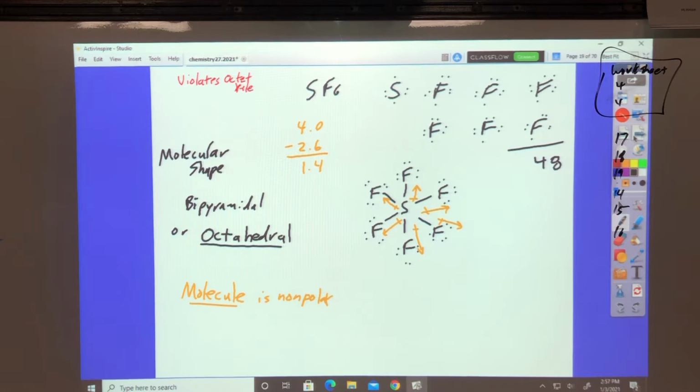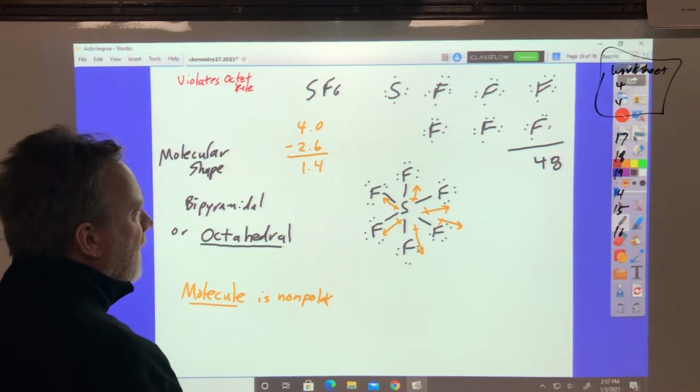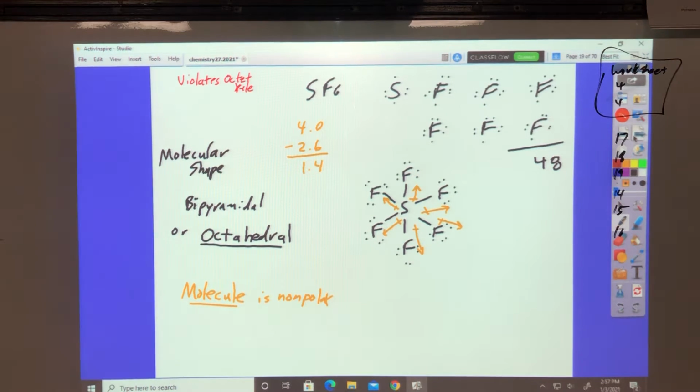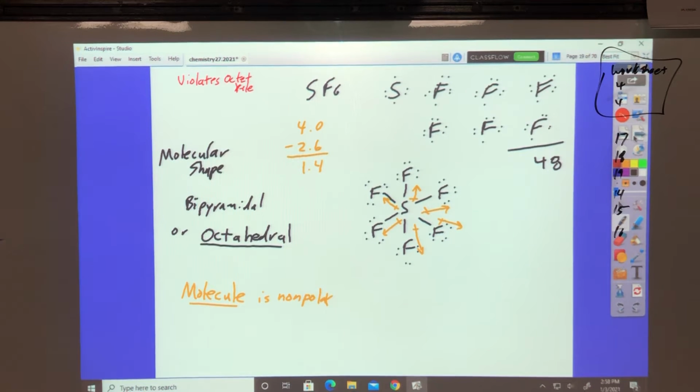Yeah, I'm pretty sure I don't have it. It's basically a pyramid on the top and a pyramid on the bottom. It's an octahedral. It's an 8-sided figure. Its molecular shape is octahedral, I think, in this book, is what they call that.